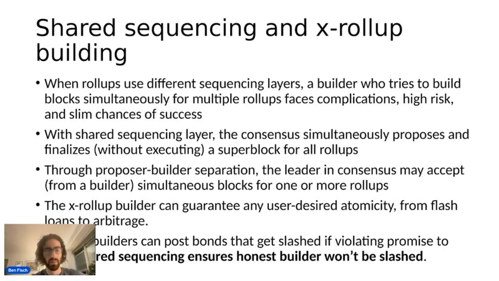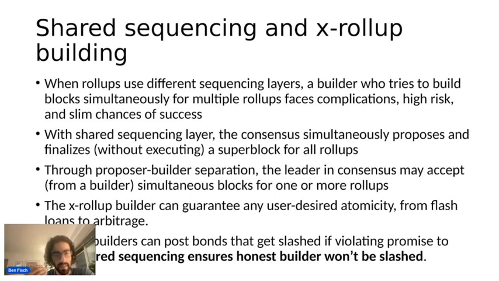because it's dealing with two different consensus protocols. Now, with a shared sequencing layer, because the consensus simultaneously proposes and finalizes without executing, it proposes and finalizes a super block for all the rollups running on it, and through proposer-builder separation, a leader in consensus may accept from a builder simultaneous blocks for one or more rollups.